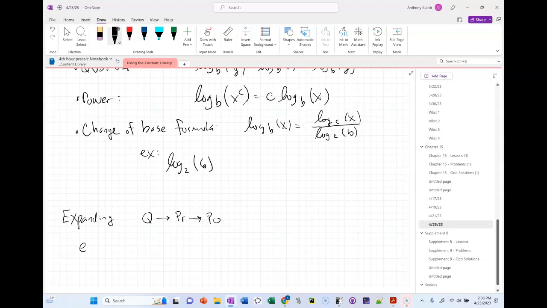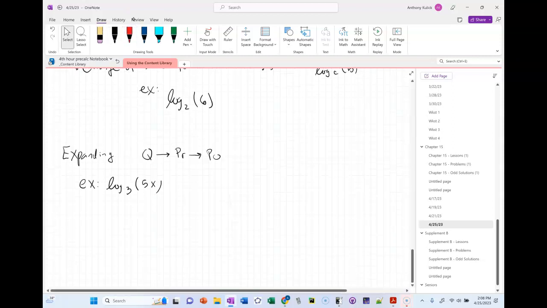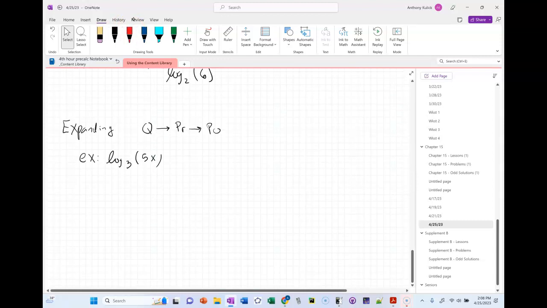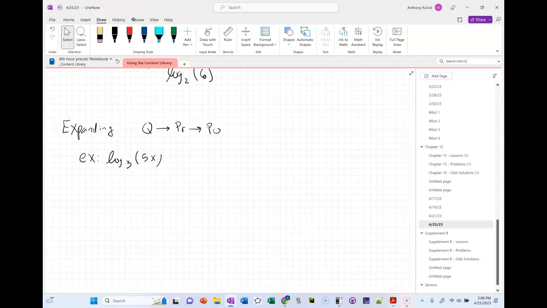All right, let's do a couple of examples here. So let's say we have log base 3 of 4x, and we want to expand this. That's the direction.